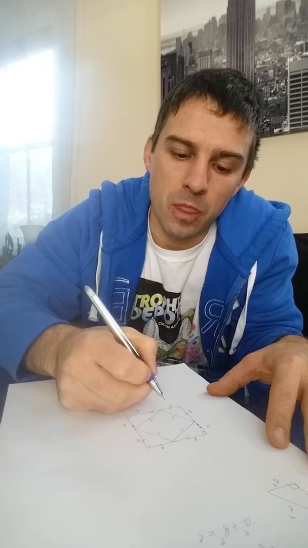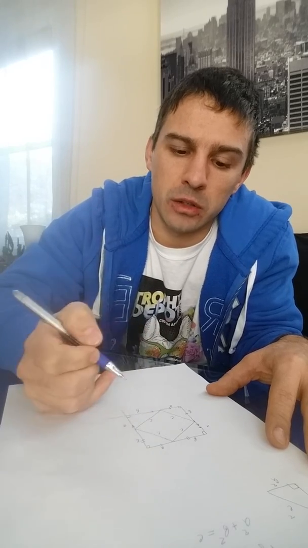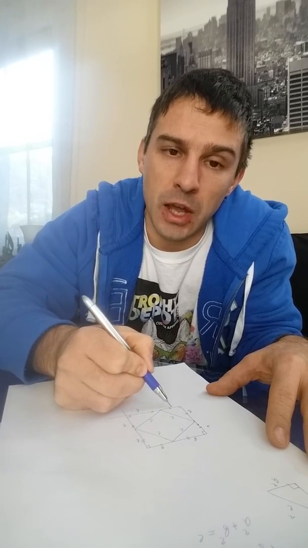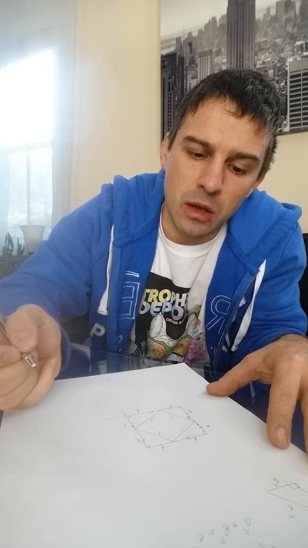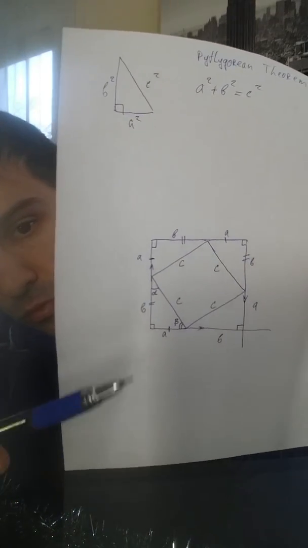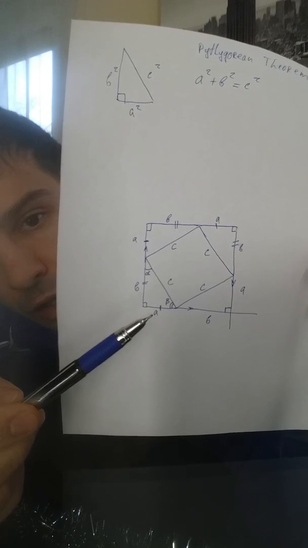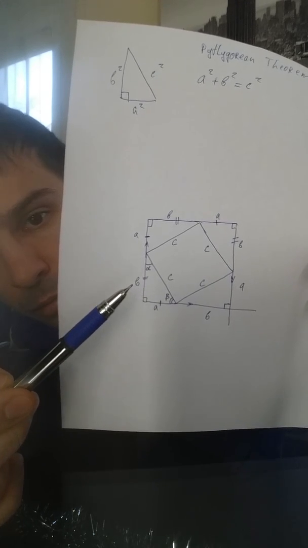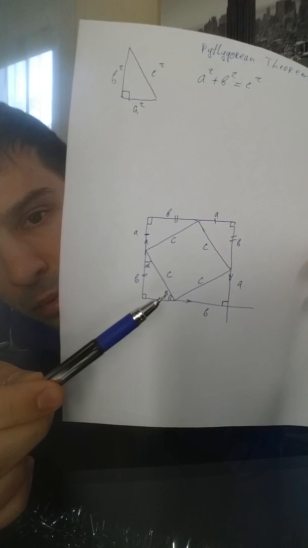Let's call the angle in our triangles across from side A angle alpha, and the angle across from side B angle beta, with the Greek letters.